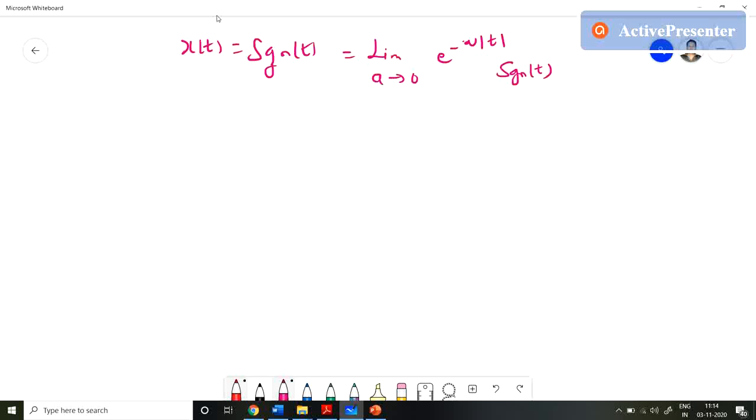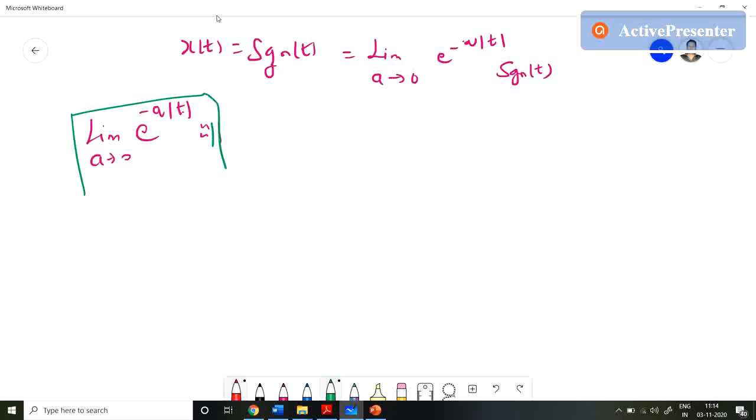So x of t is equal to signum t. This is also equal to this term, because when a tends to 0, e raised to the power minus a modulus t becomes nearly equal to 1.